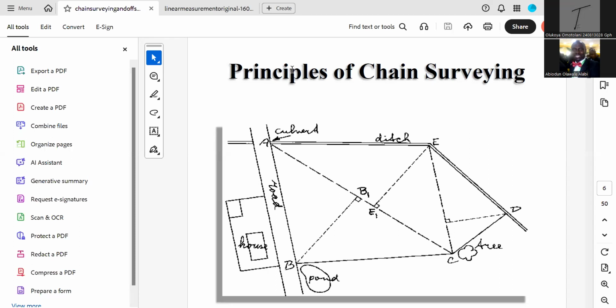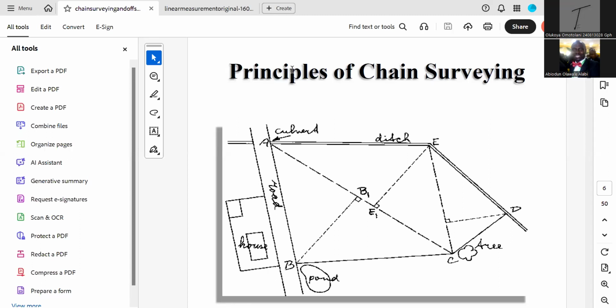To do my distance measurements, I won't measure that 500 meters in one go. What I will do is ranging. That's why ranging comes in. From point A to B, I may start at point A and not see point B, or I may be at point B and not see point A.